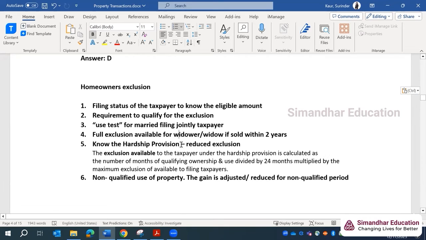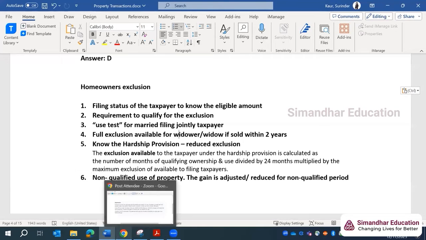Exclusion is available for a person who becomes a widow or widower if they sell the property within 2 years of when their partner passes away. We have a hardship provision and we have non-qualified use of property. This is again something I'm going to explain, but these are the 5-6 points that you have to remember when you are studying the homeowners exclusion.